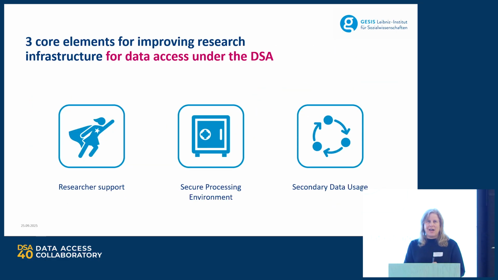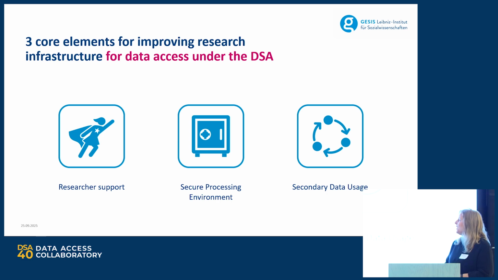I want to highlight 3 elements that I think as infrastructure are key for the next steps when working specifically with the DSA. There's more, but these are the 3 I picked for today. So this is researcher support, secure processing environment / trusted research environment, and secondary data usage.